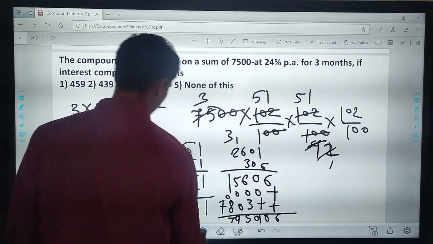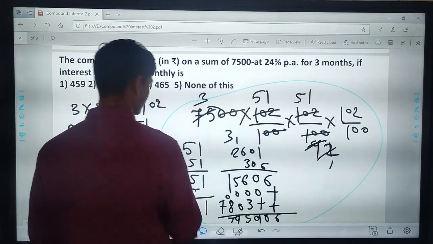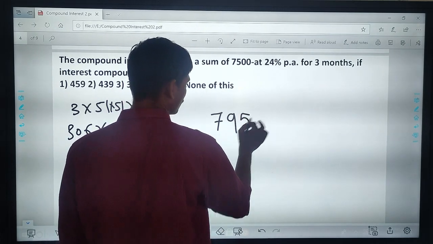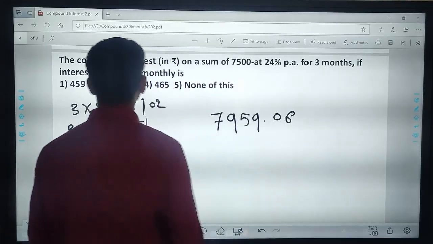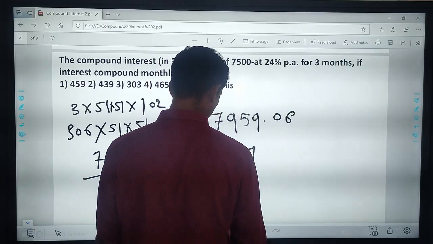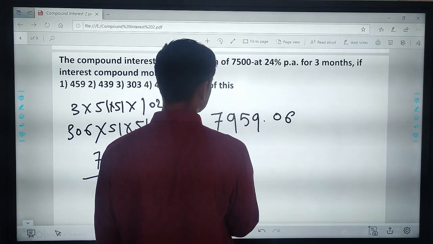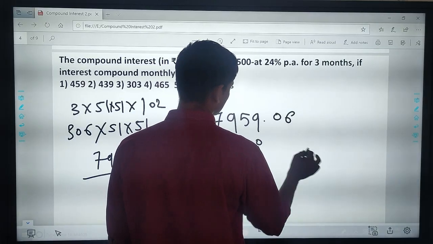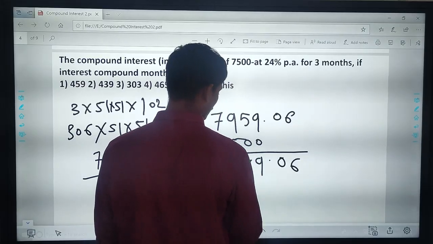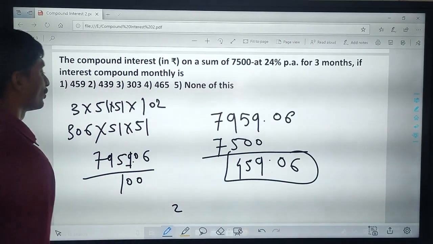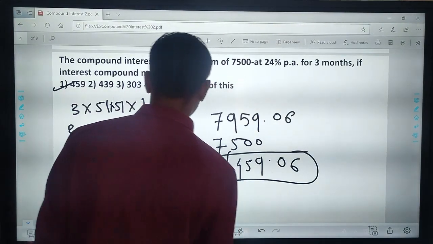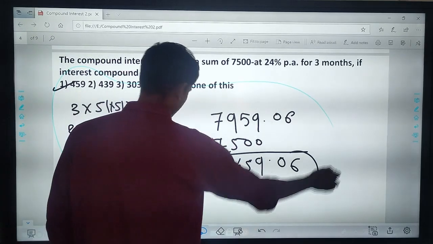Now here your answer is 7959.06. If you subtract 7,500 from this, we get the compound interest. This is your answer, 459.06. Now next.